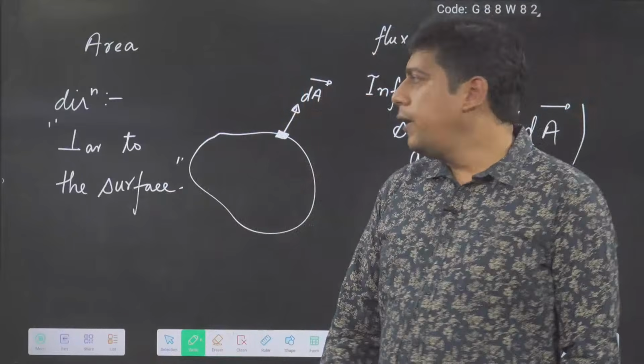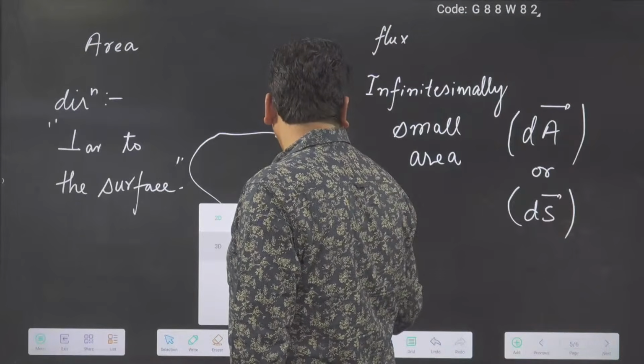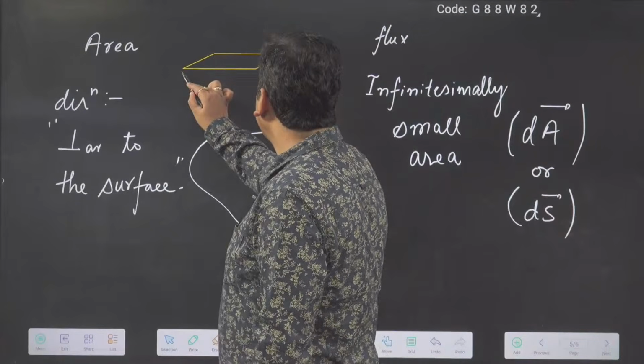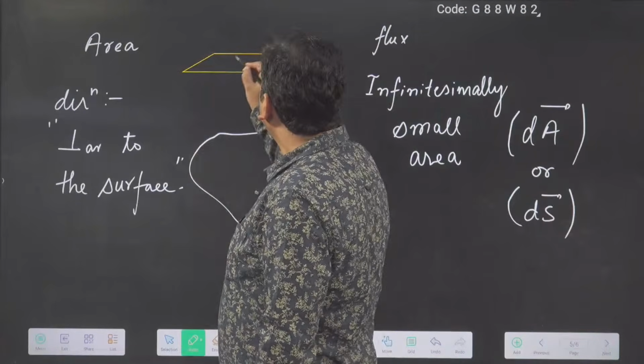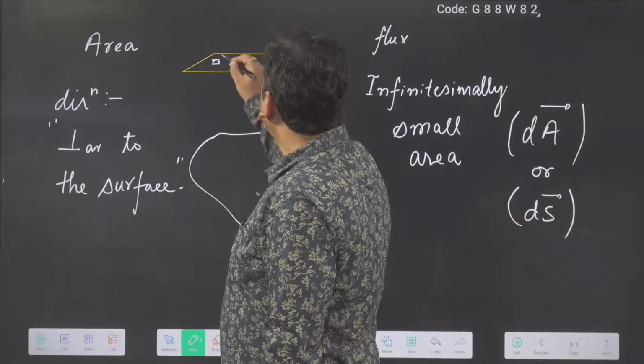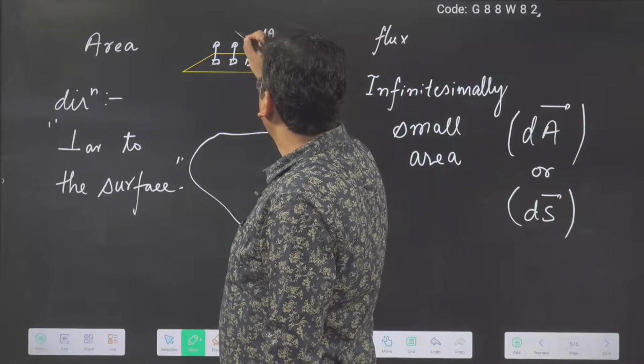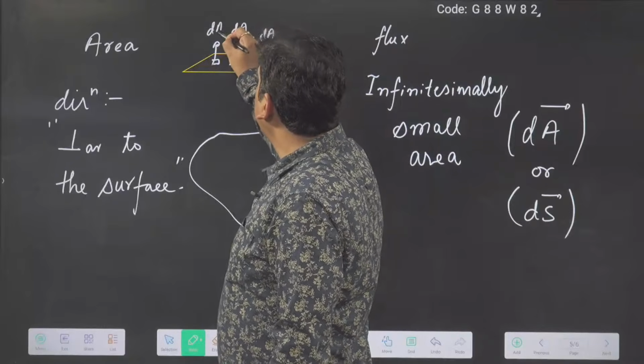Okay? If it is a plane surface, then if you take different patches, every dA vector will be in the same direction.